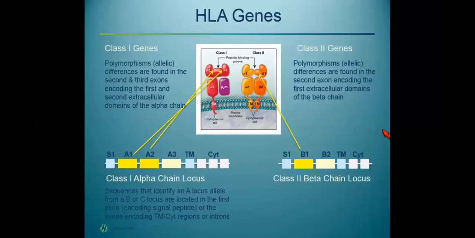It happens through a process called polymorphism in HLA genes, class 1 and class 2, where polyalleles exist. For example, in class 1, you look at the gene. This is the leader sequence that we discussed. It consists of a locus, different alpha 3, and different cytoplasmic tail and transmembrane regions. But mainly the polymorphism exists in the alpha 1 and alpha 2 chains for class 1, and in class 2 it exists in the beta 1 chain. So we will see how the polymorphism arises.